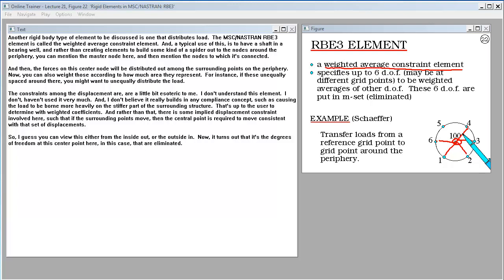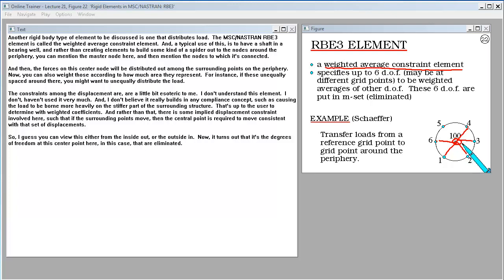And I don't believe it really builds in any compliance concept, such as causing the load to be borne more heavily on the stiffer part of the surrounding structure. That's up to the user to determine with weighted coefficients.